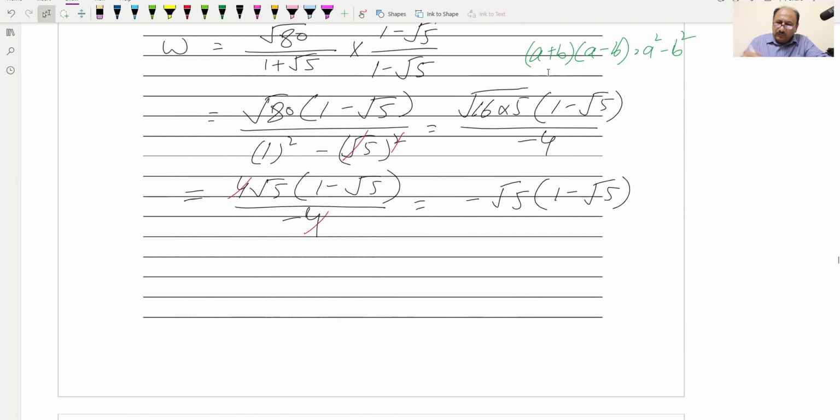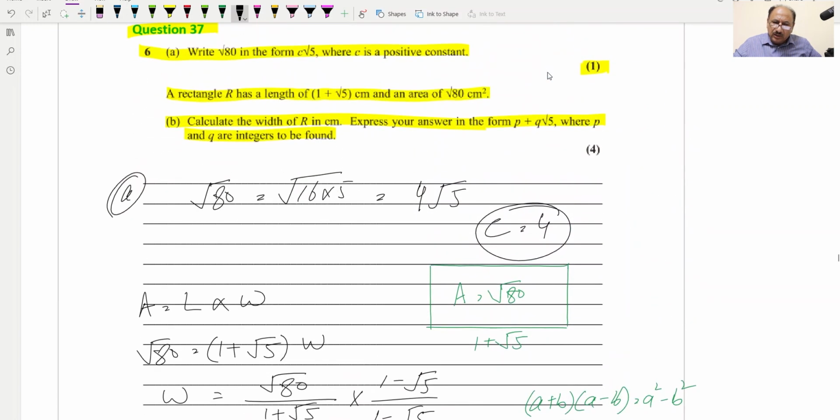Further we can multiply this inside. So we will get minus under root 5 plus under root 5 squared, which we can write as 5 minus under root 5, and this will be our final answer.